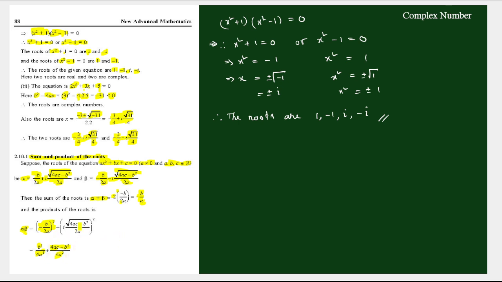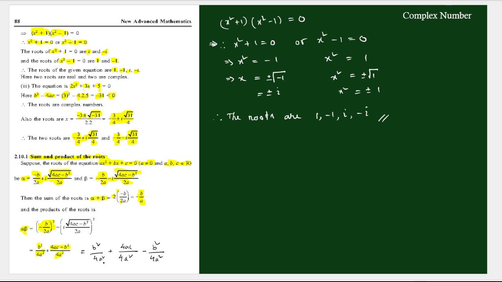Now I will show you this one. It can be written like this: b square by 4a square plus we can break this one, 4ac by 4a square minus b square by 4a square.